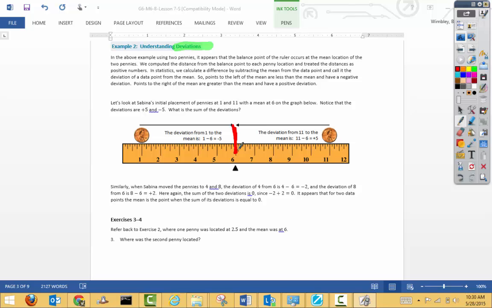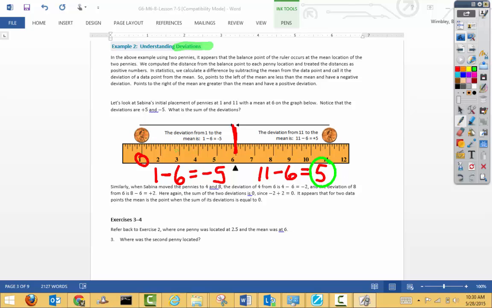Well, what I do is I take my value, so my value is 1, and I'm going to subtract my mean. So my mean is 6. 1 minus 6, that's a negative 5. I'm going to take my value, which is 11, and I'm going to subtract my mean, which is 6. So this deviation is 5.